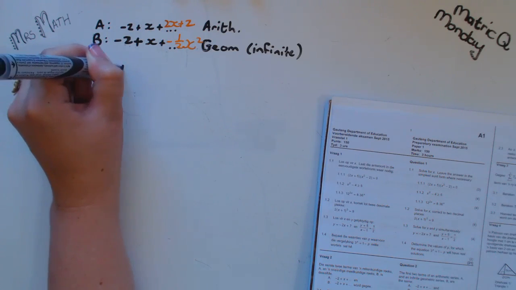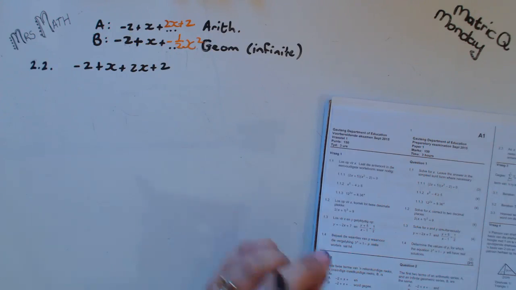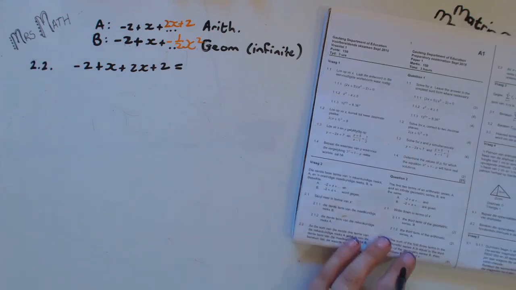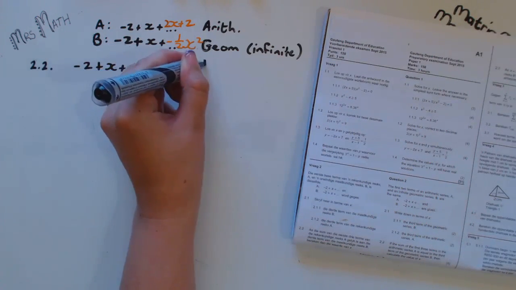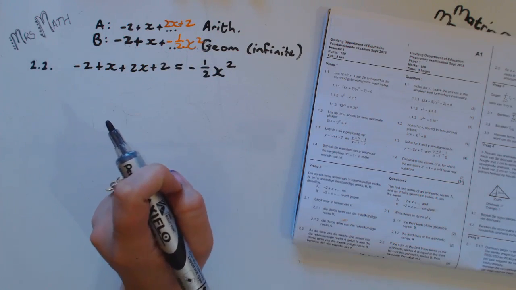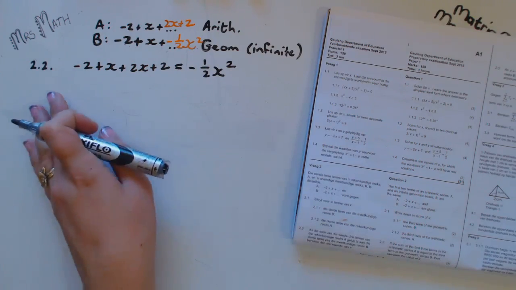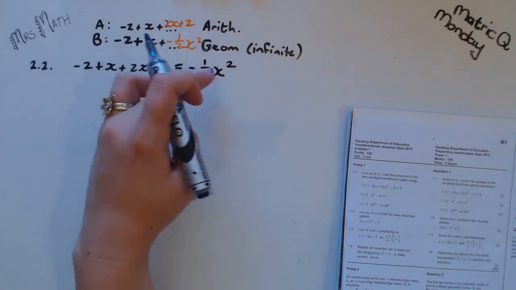If the sum of the first three terms of the arithmetic series A is equal to the third term of the geometric series B, then calculate the value of x. So I must just now calculate the value of x. I've got an equation and I'm going to go with that.